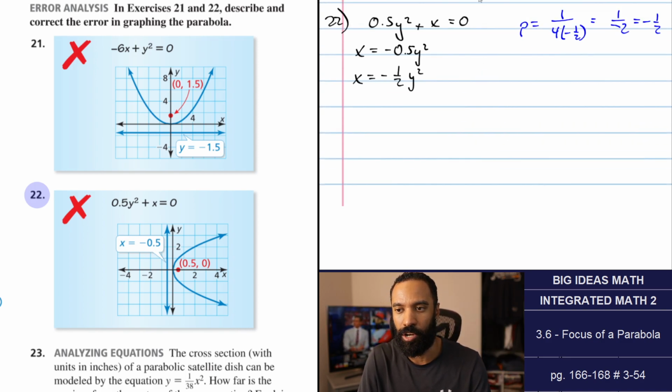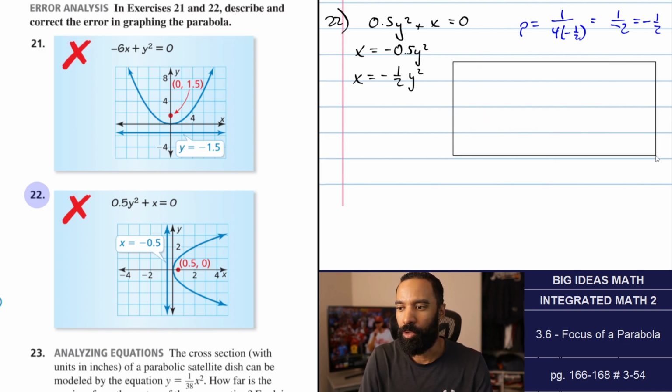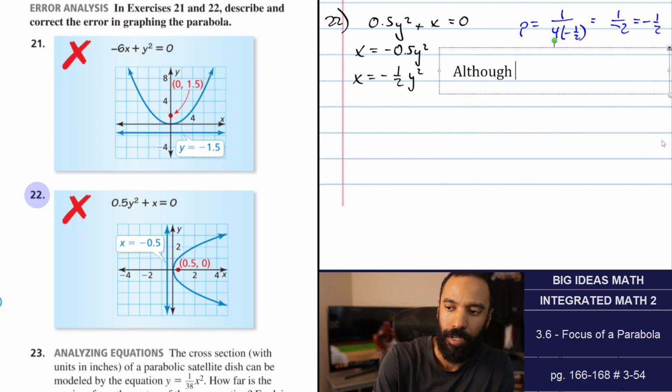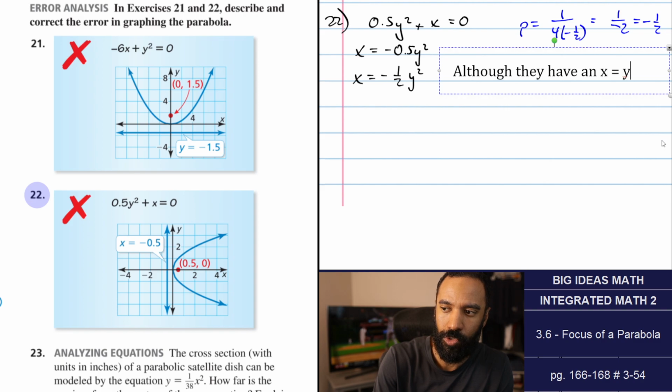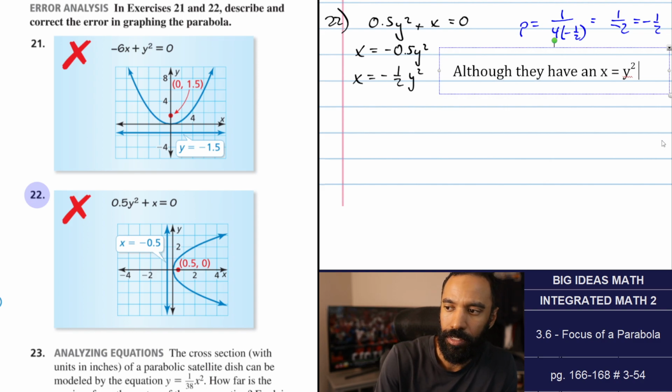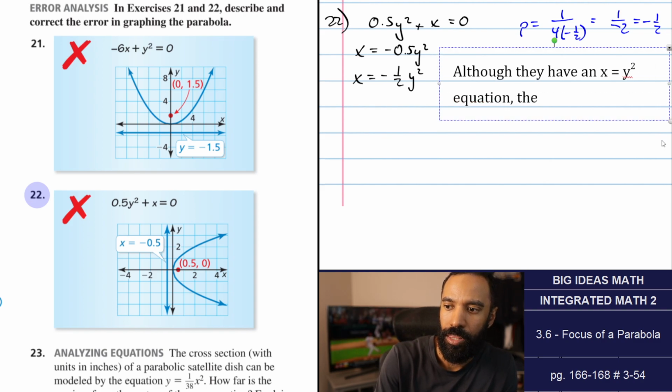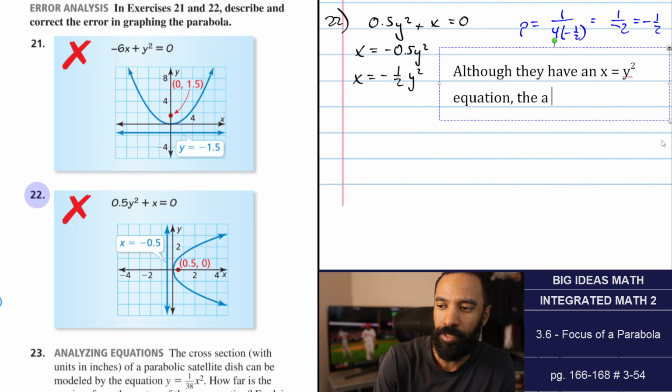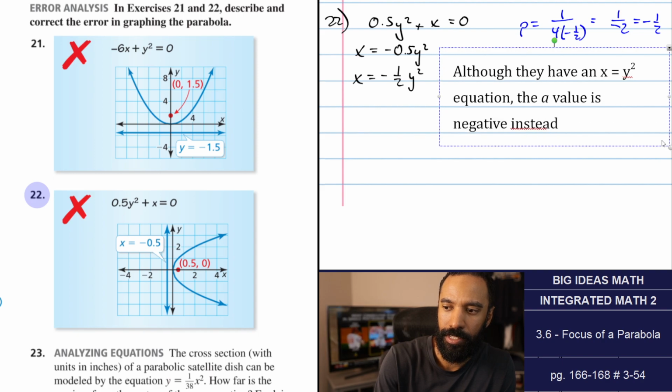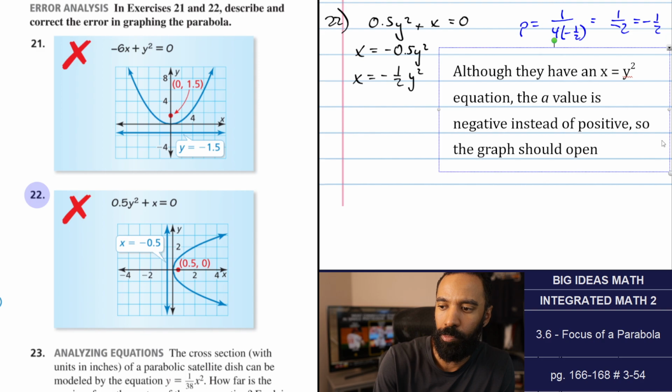They didn't get x by itself or whatever. So although they have an x equals y squared equation, the a value is negative instead of positive. So the graph should open left instead of right.